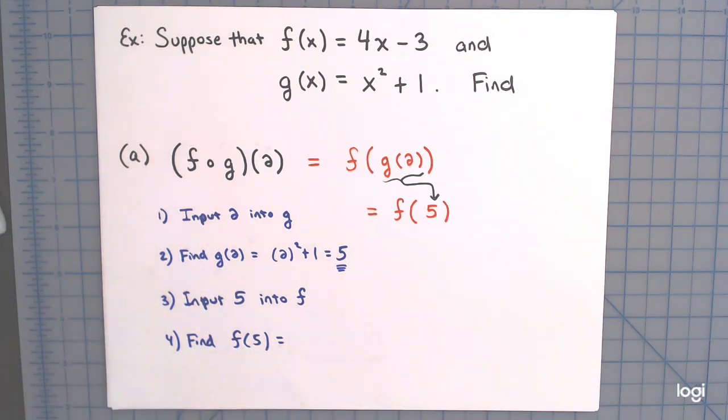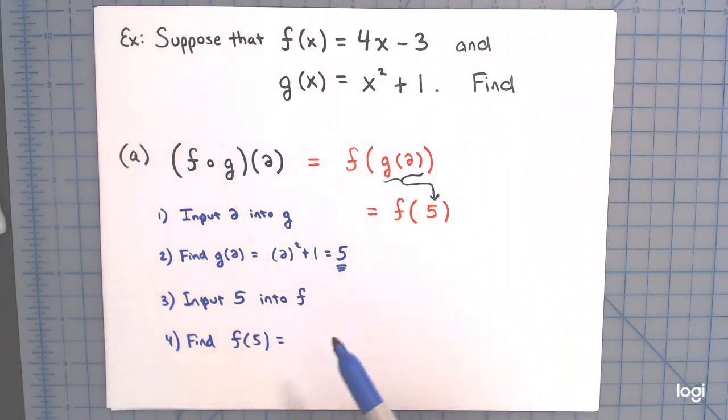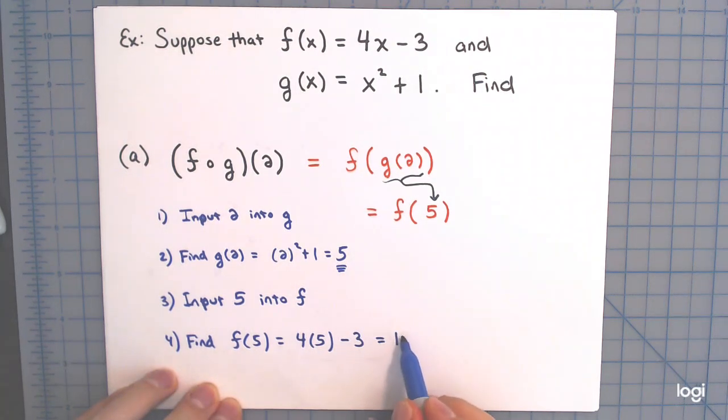All right, what is f of 5? Well, you go to function f and replace all the inputs, all the x's, with 5. So f of 5 would be 4 times 5 minus 3. That's 20 minus 3, which is 17.